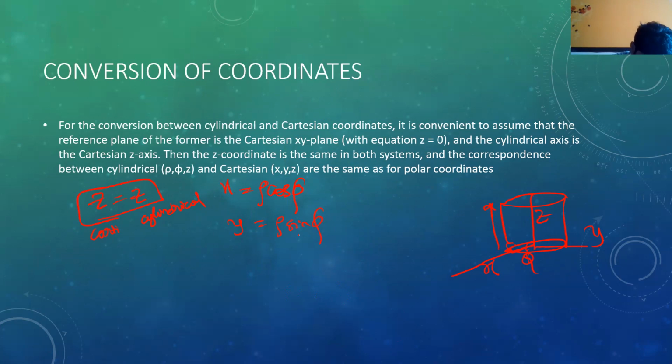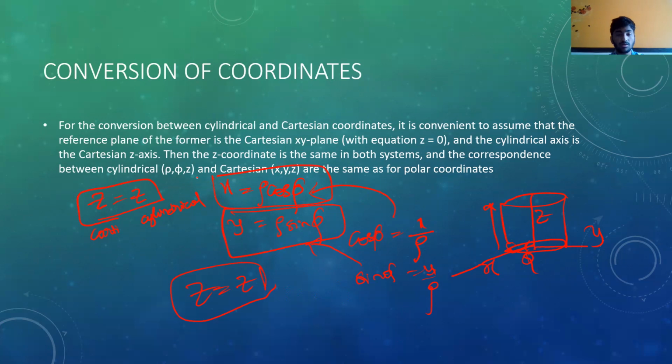Or to say simply, when we consider the angle phi, cos phi is x by rho, and similarly sine phi is equal to y by rho. We have these equations as the coordinates are set.